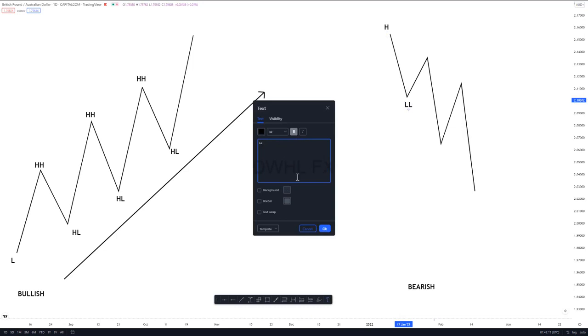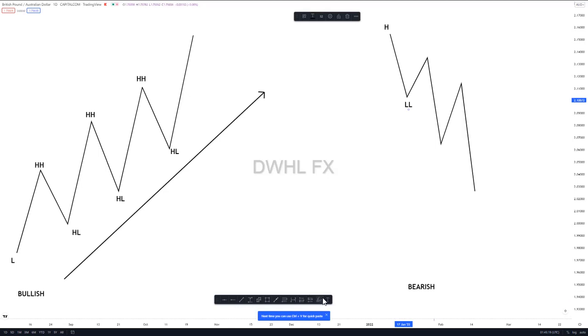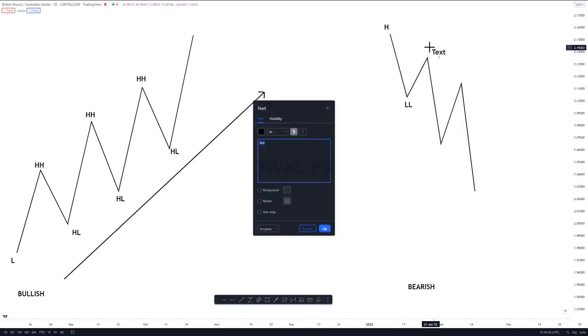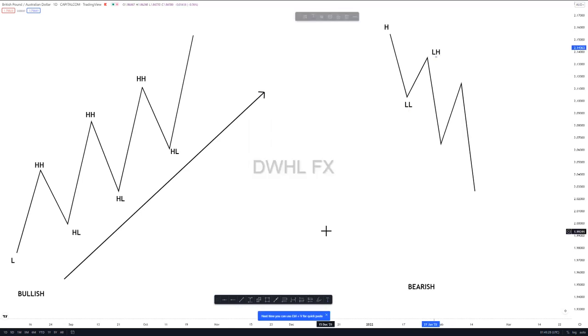We have a lower low created, then price goes on to create a lower high. Very simple. So price creates a lower low, a lower high, a lower low.